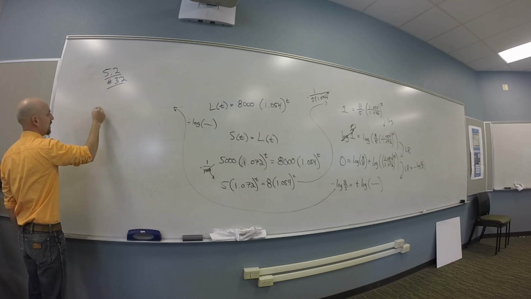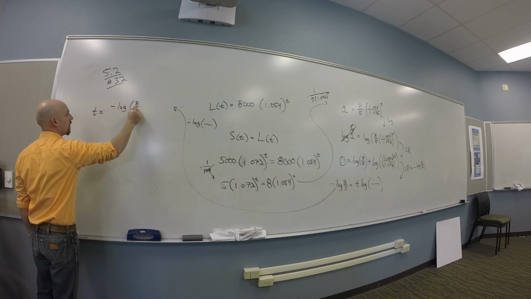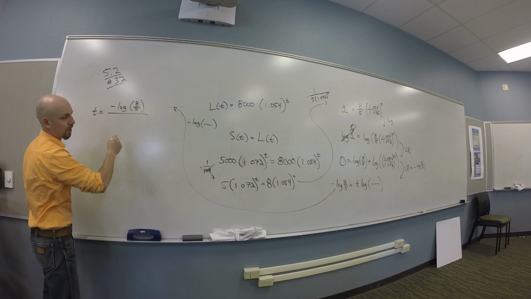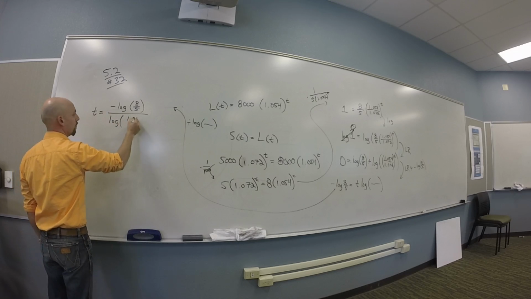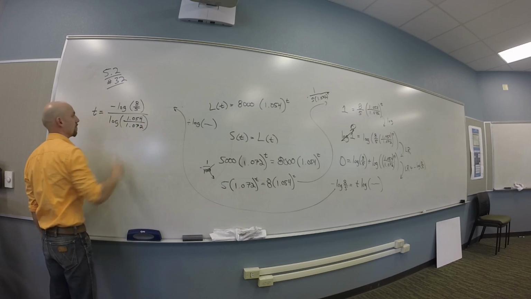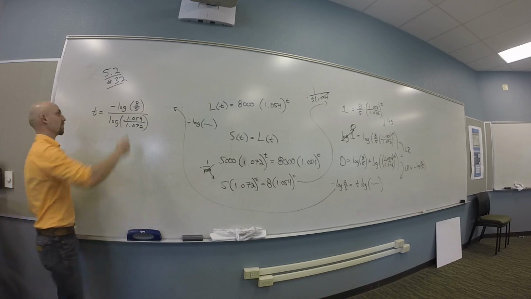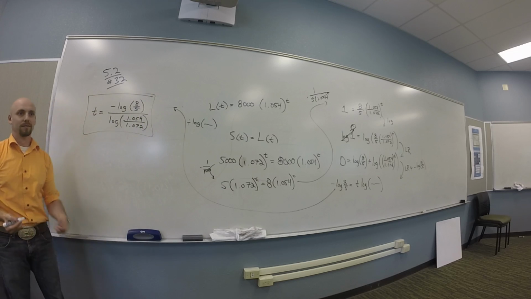So divide by log of that. Get t is minus log of 8/5 over log of 1.054 divided by 1.072. Call that a day.